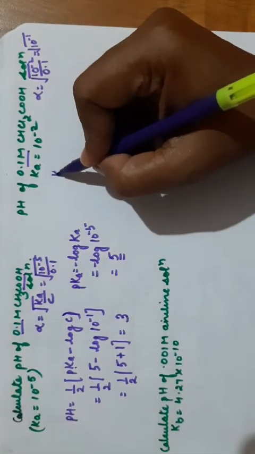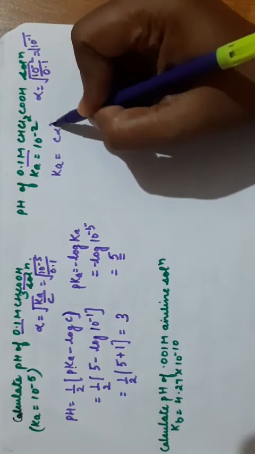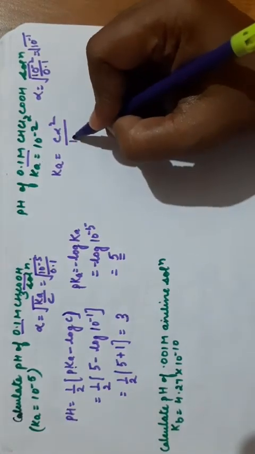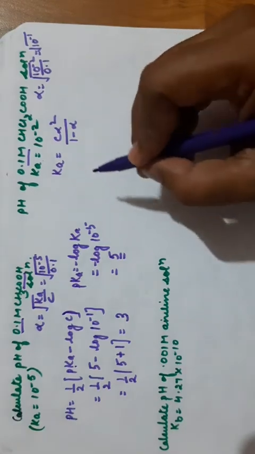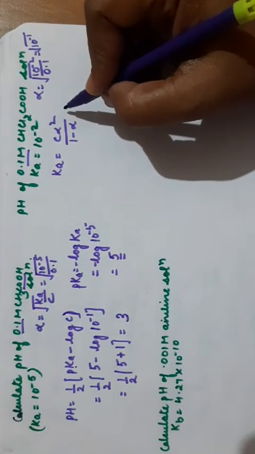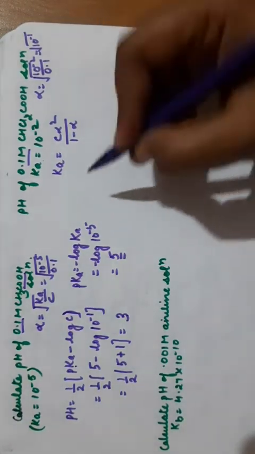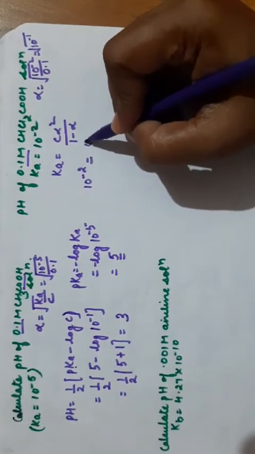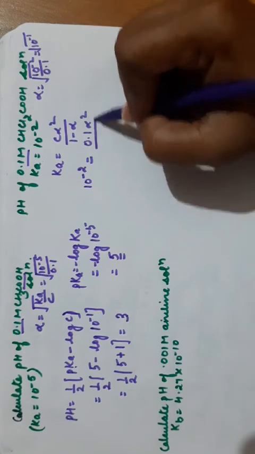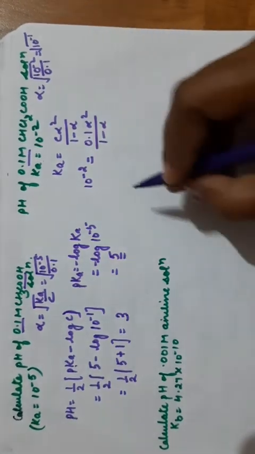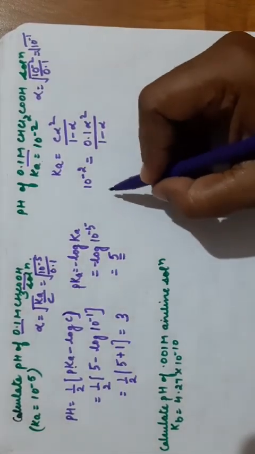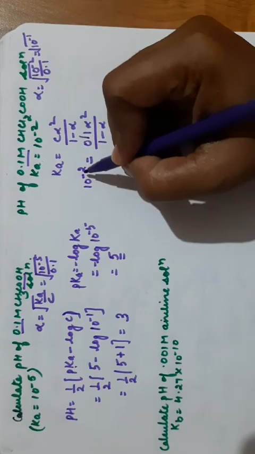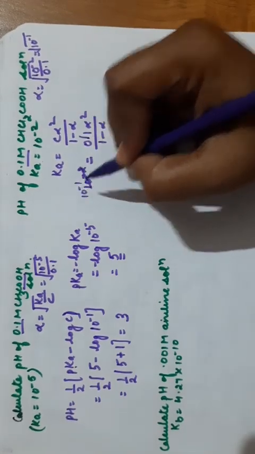So we have to use this formula, K is equal to C alpha square upon 1 minus alpha. We will put the value here, means we will solve the question by using quadratic equation. So writing the value 10 power minus 2, concentration is 0.1, alpha square upon 1 minus alpha. Make a quadratic equation here. It will be cancelled, 10 power minus 1.